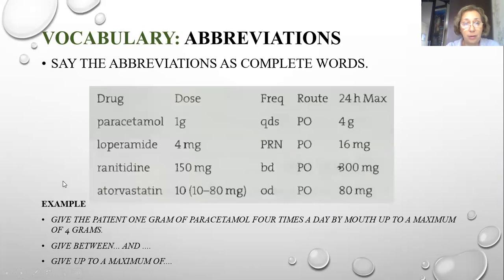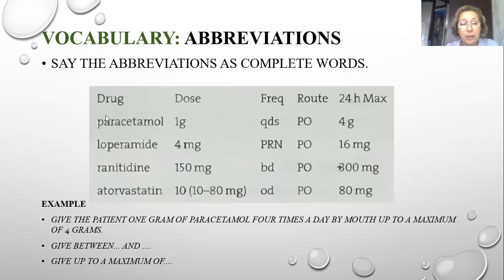Let us practice reading these abbreviations and other ones. The task is to say the abbreviations as complete words. Here's the table, and there is an example which illustrates the first line.